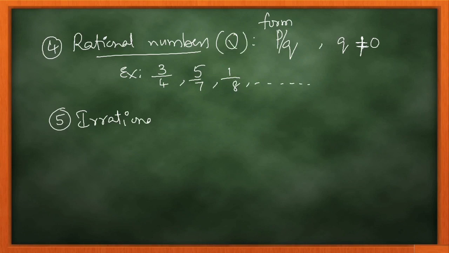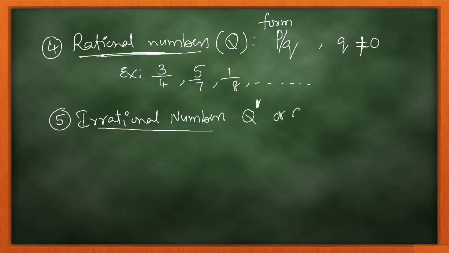Then irrational numbers. Irrational numbers are those numbers which are not rational. If a number is not rational, then it is called irrational and it is denoted with the letter Q dash or Q complement. Examples: root 2, root 3, pi.